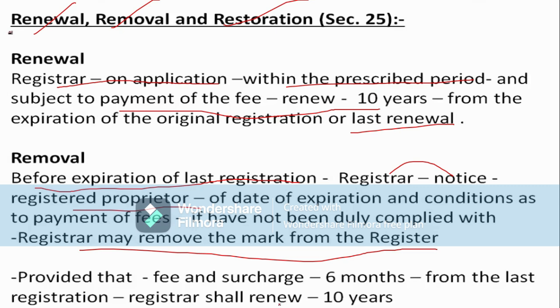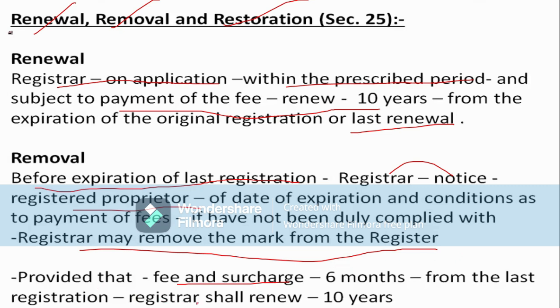Provided that a fee and surcharge will be levied on that proprietor within 6 months from the last registration.